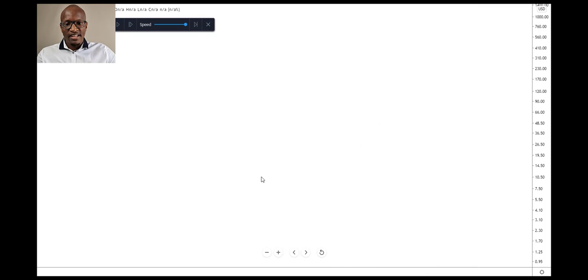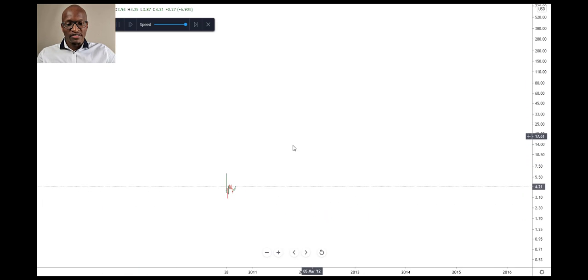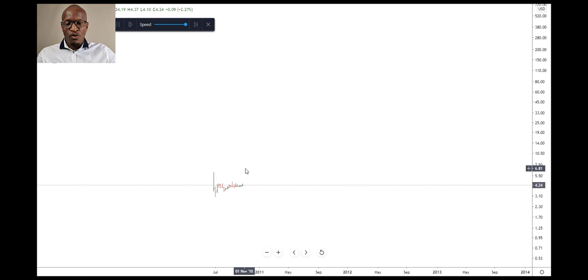So if we look at Tesla from listing, I'm just going to play the price action for Tesla, and as it develops, we will add Elliott wave labels. So from listing, and now this is post share split adjusted prices. The market quickly bottomed at $3.